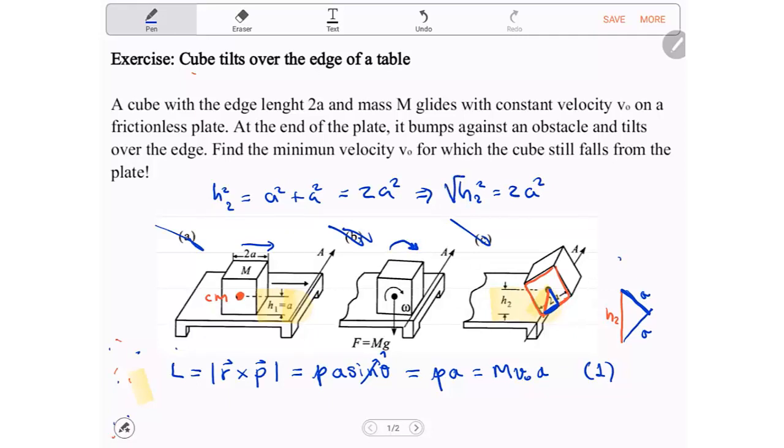So we take the square root on both sides. Then we get that H2 is equal to A root square of 2, right? So we have that. We come back to the next page.